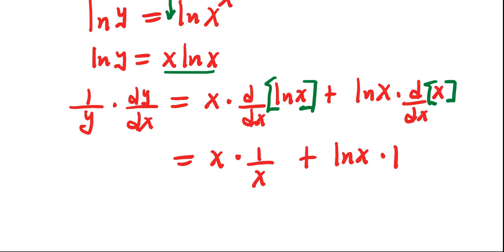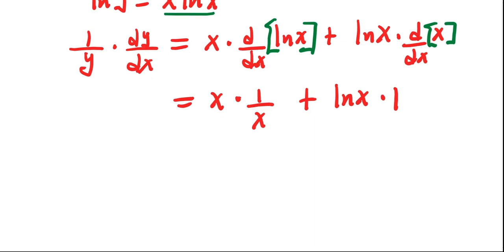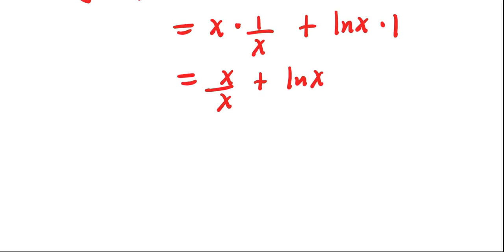So simply write it here. Now x times 1 over x will give us x over x, plus ln x times 1 will give us ln x. So x over x will simply give us 1 plus ln x.